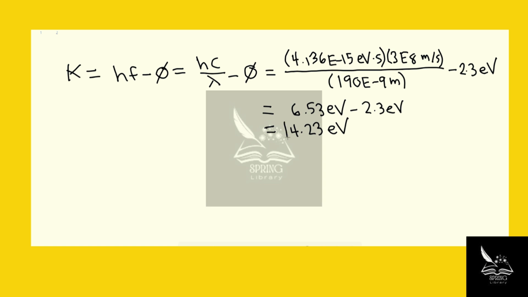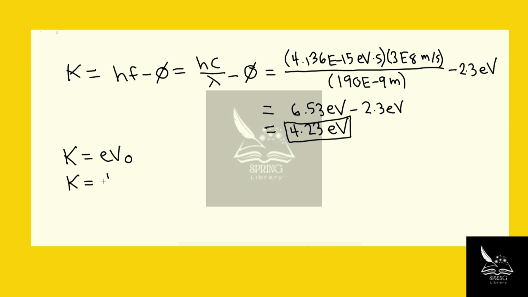Great, so this is the kinetic energy that each photoelectron will have after being knocked out of this metal due to the incoming light. And to stop this, we have to remove all this kinetic energy, which means any stopping potential must be equal to K. So it's not very interesting. Our stopping potential will also be 4.23 electron volts. Not too interesting. So let's figure out what the velocity is for these electrons.